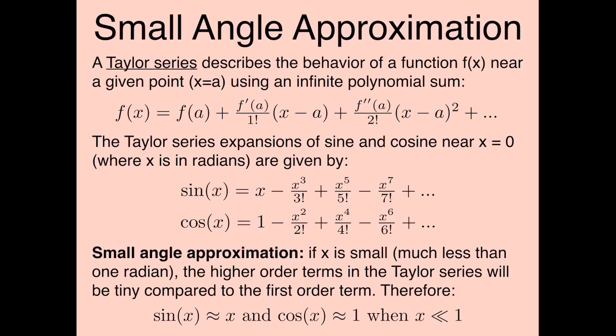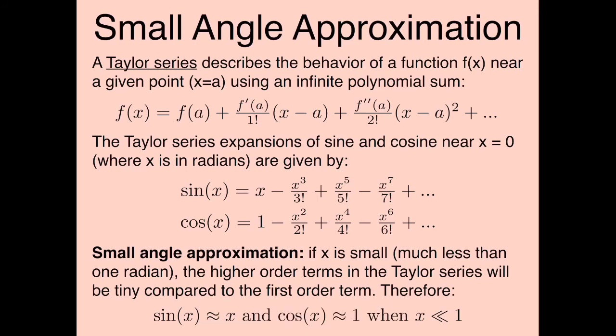So the Taylor series is going to be, we have f of a, so evaluate the function at point a, and then take f prime of a, so evaluate the derivative at point a, and then we'll have x minus a. Then the next term is evaluate the second derivative at point a over 2 factorial, and then x minus a squared. And that pattern just keeps repeating. We'll have the third derivative and then x minus a cubed in the next term, and so on. So it's a polynomial sum.